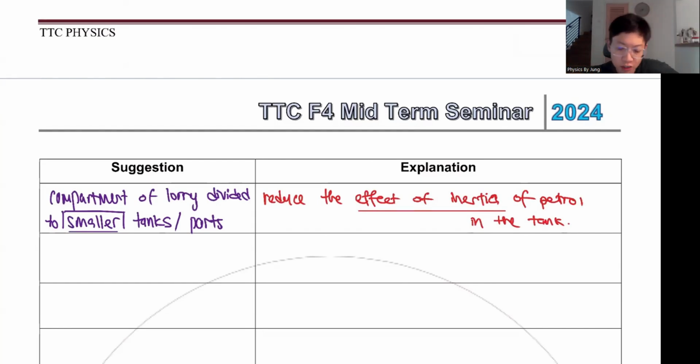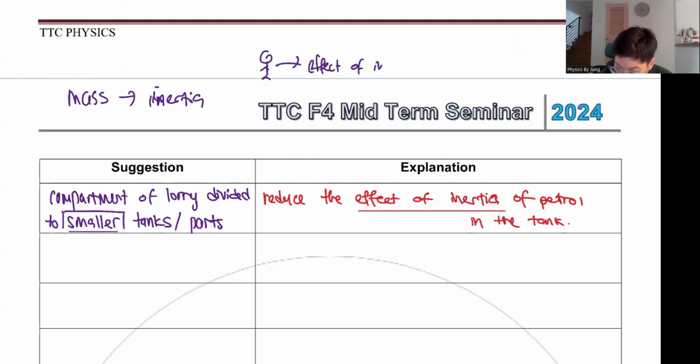Actually, you cannot reduce inertia. Why? Because mass gives inertia, correct? So why, during braking, will Jung Hao fly forward? That is called the effect of inertia. Can I prevent inertia? Cannot.